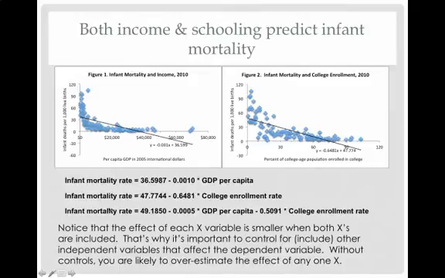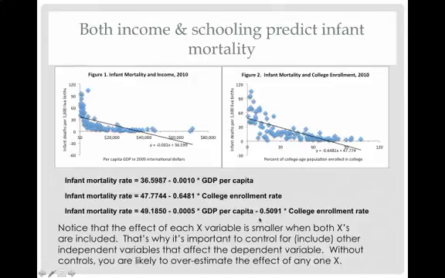Now I can run a regression where I include both GDP per capita and college enrollment, and look what happens. This estimate, the slope on the GDP per capita, that gets smaller. I go from 0.0010 to 0.005, and the college enrollment effect also gets smaller. So I go from a minus 0.6481 to a minus 0.5091.